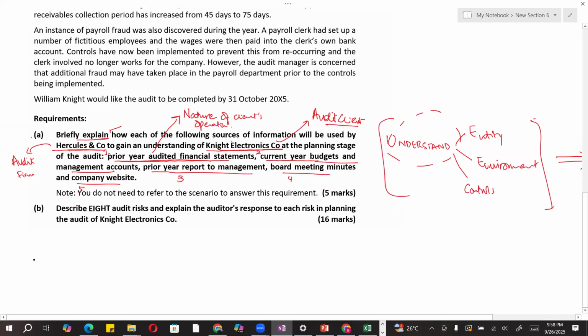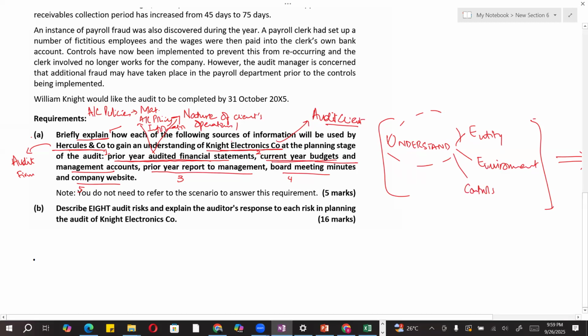You can understand about the principal accounting policies based on your reading of the material accounting policy information. So that is where your reading of the prior year financial statements would help at the planning stage.